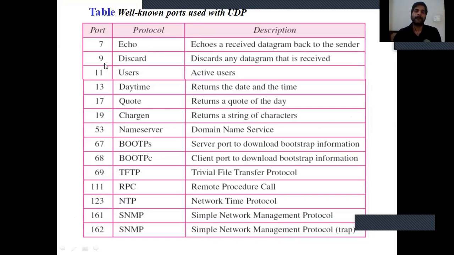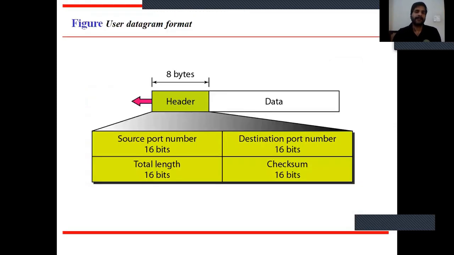Similarly, port number 9 discards any datagram that is received. Port 11 is for active users, 13 is daytime, which returns the daytime, and 17 returns the quote of the day. These are several types of protocols with their port numbers. These are the well-known ports used with UDP or already defined in UDP.